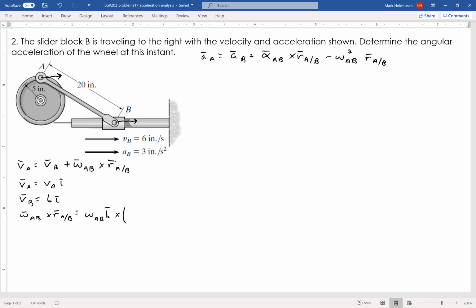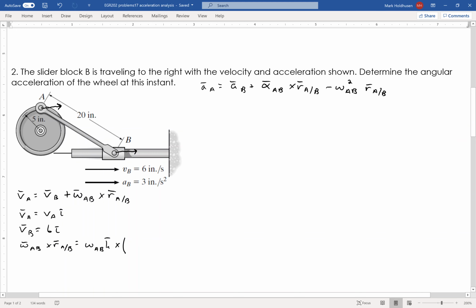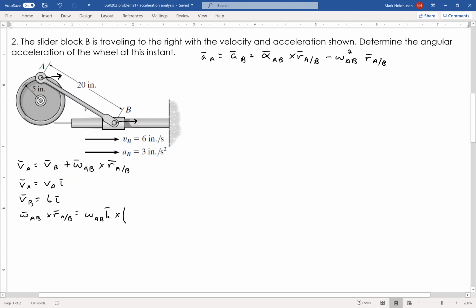Here's what I've got to figure out: this angle right here. From inverse tangent, I can determine that's a 30-degree angle, right? Because I have the diameter is 10 inches, hypotenuse is 20 inches, inverse sine of 1/2 is 30.